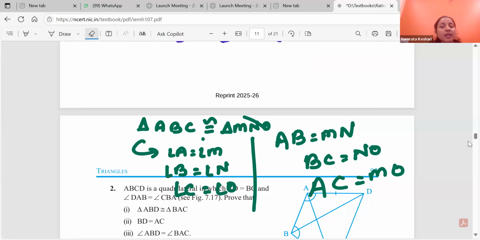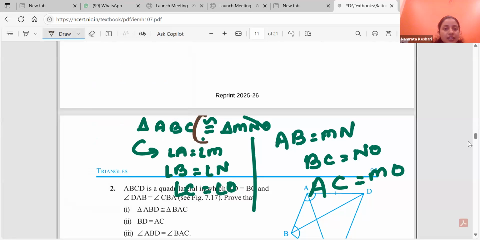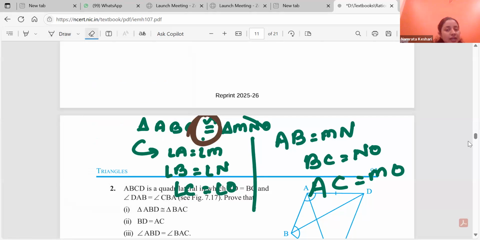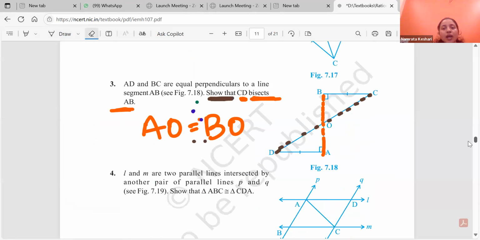Apart from that, AB and MN, BC and NO, and AC and MO must be the same. This much data must be clear in our mind the moment we see the congruency sign. Right? Yes, ma'am.